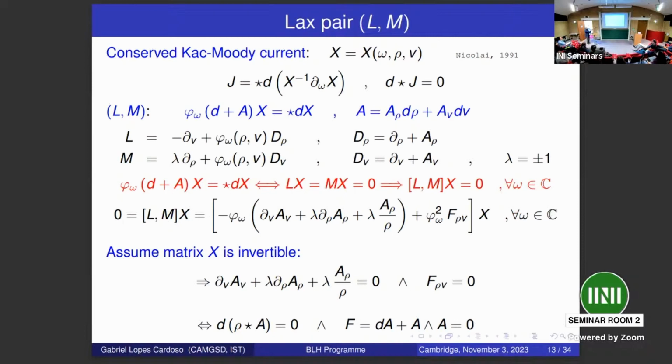By looking at the d_rho leg of this expression, you are driven to this differential operator L. Likewise, by looking at the d_v leg of this expression, you're driven to the differential operator M. Then the statement that you want to solve this linear system with A as an input becomes equivalent to taking these differential operators, letting them act on X and setting them to 0.